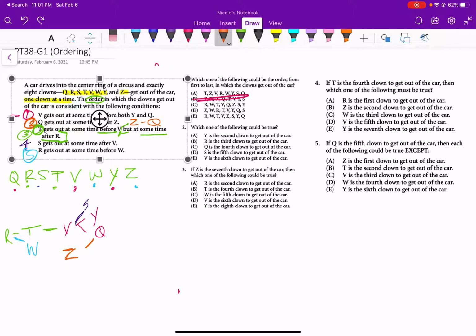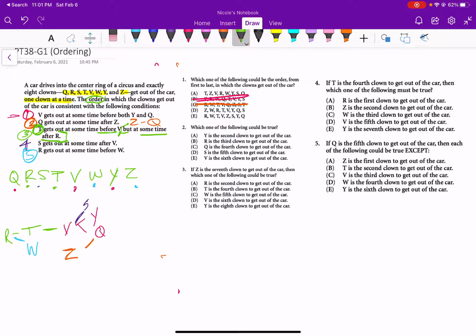This says Q gets out sometime after Z, so we're looking for Z then Q. So actually, A works, so it goes Z then Q. C does not work because it has Q before Z, so I'm going to cross that one off. D has Z then Q, so that one's good, and then E is good.